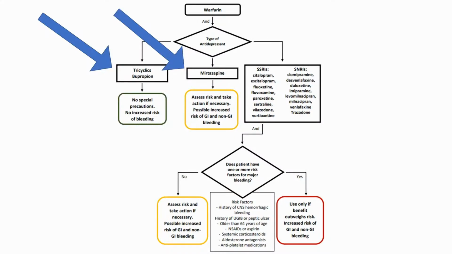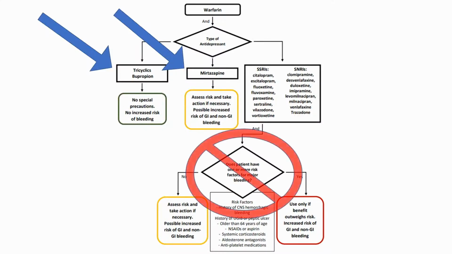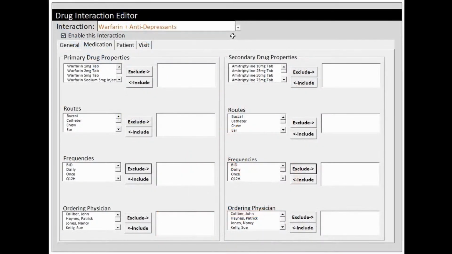This would not be possible to implement within the drug interaction editor window because it has a variety of coded and non-coded variables that are mentioned within the algorithm. When we look at the warfarin plus antidepressants drug interaction within our advanced drug interaction editor, we could use the medication tab to exclude several of these medications.